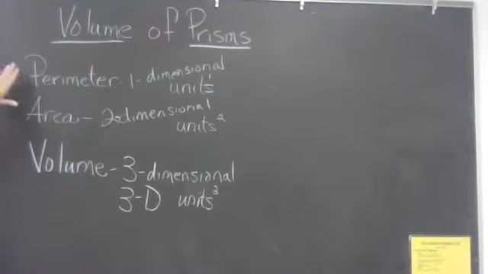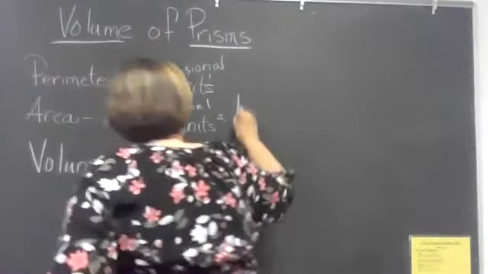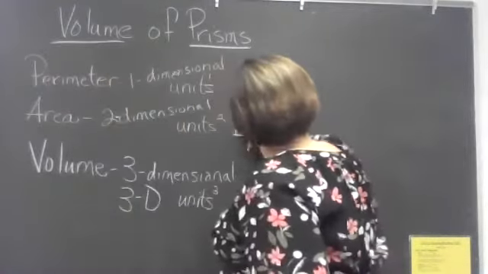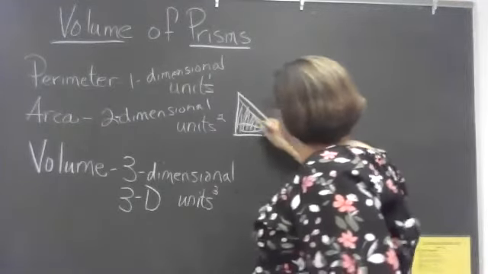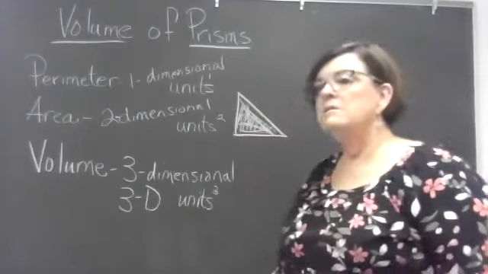Now, right here, we said perimeter was just finding the distance around what you would walk, right? Area, we said, was the amount of area inside. Okay, we were finding the area inside.